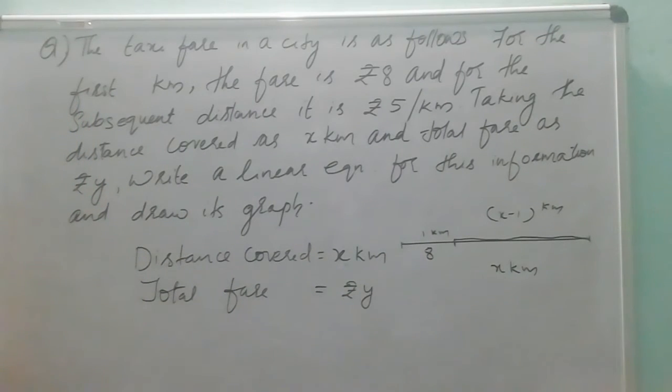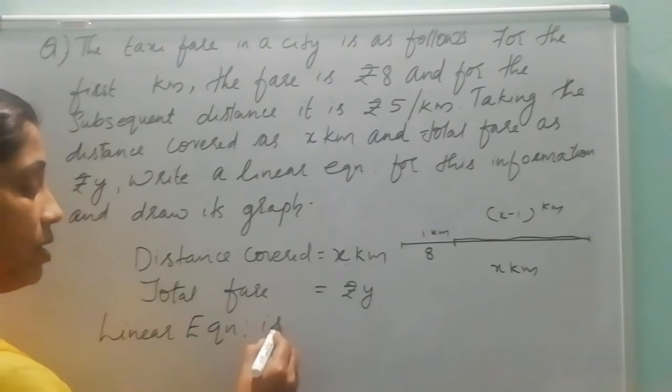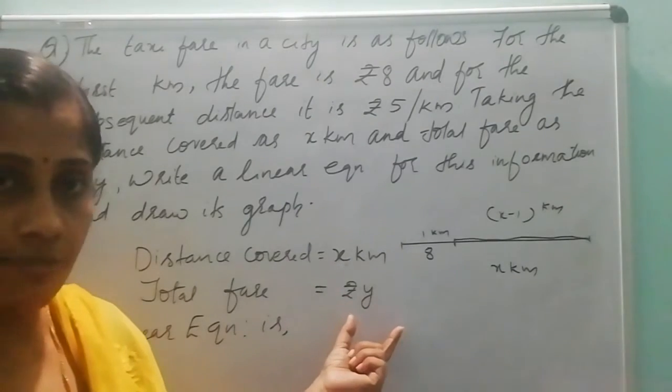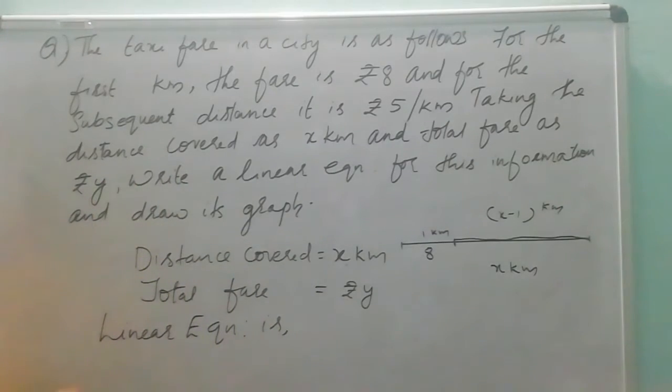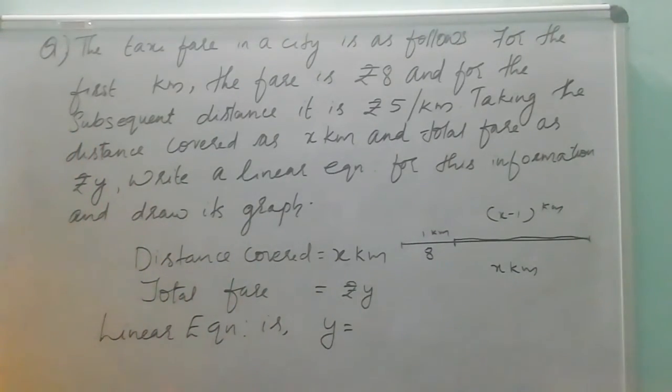For the first kilometer it is rupees 8. How can we write the linear equation? y is the total fare, so how can we calculate it?